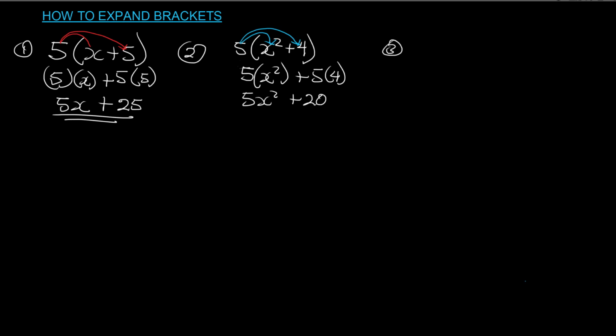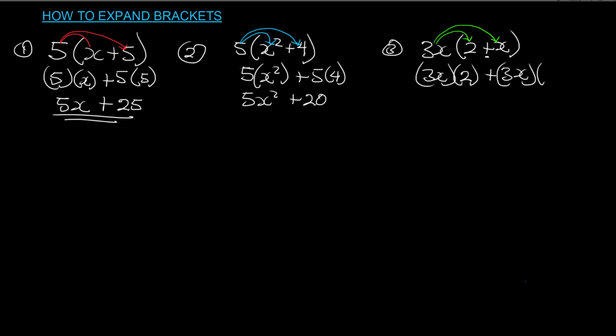Example 3. If we have 3x and this time (2 plus x), we use the same approach. 3x is distributed over every element in the bracket. 3x times 2 plus, I use plus because the sign here is plus, 3x times x.